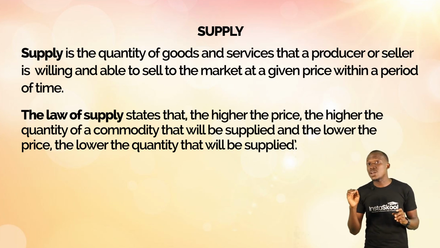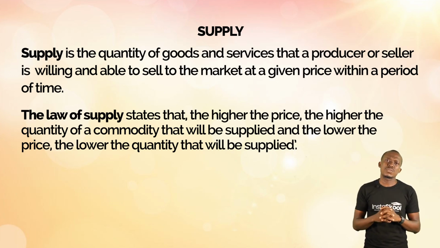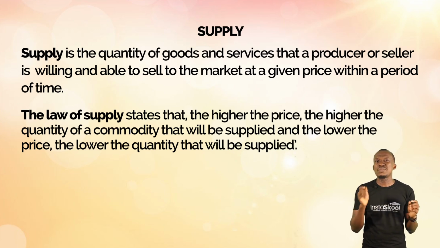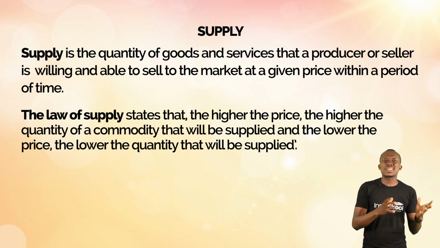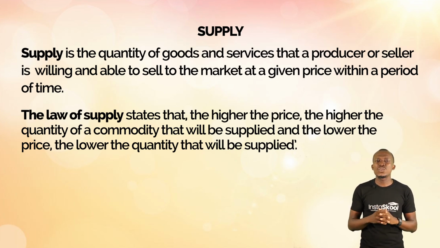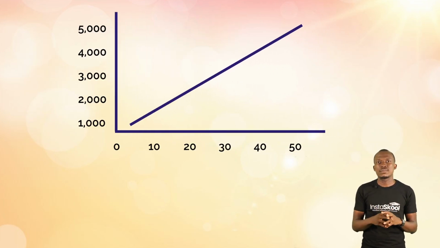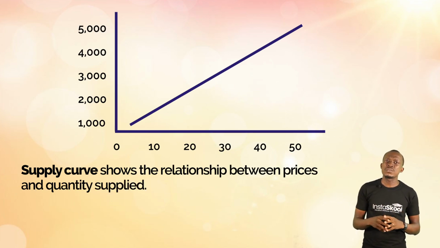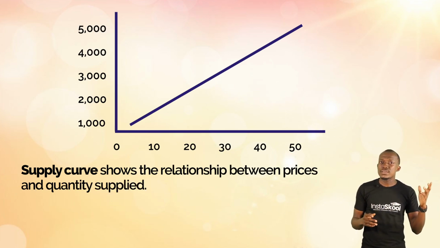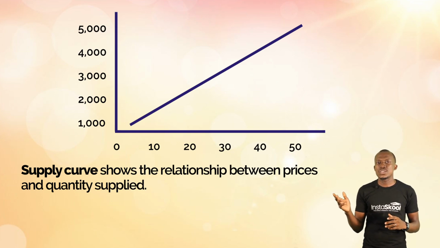And when the prices are low, he keeps products because he doesn't want to lose the profits that he may have gotten. And this law of supply makes our supply curve slope upward from left to right. Our supply curve shows the relationship between prices and quantity supplied.